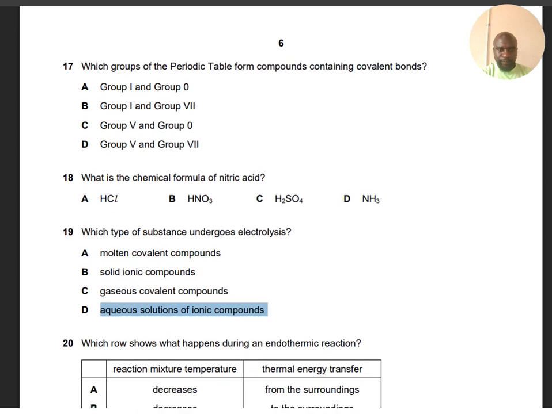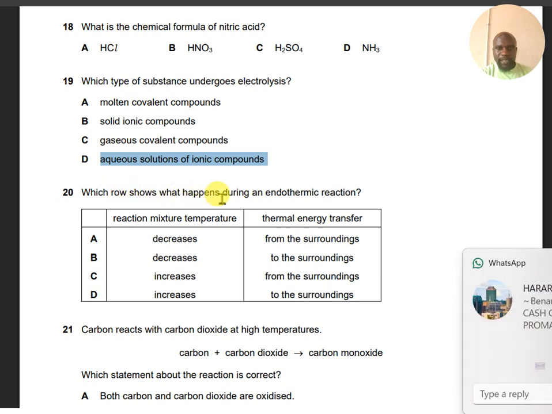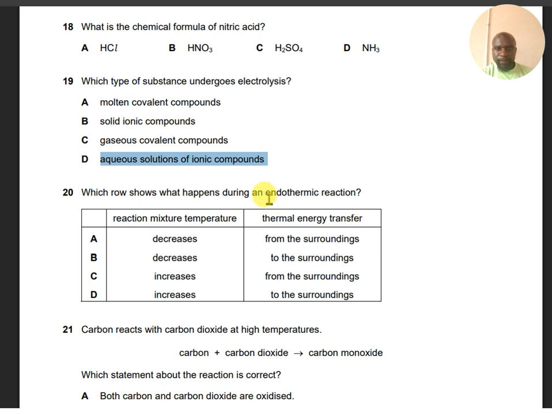Number 20, which row shows what happens during an endothermic reaction? Which row shows what happens during an endothermic reaction? The reaction mixture temperature decreases.